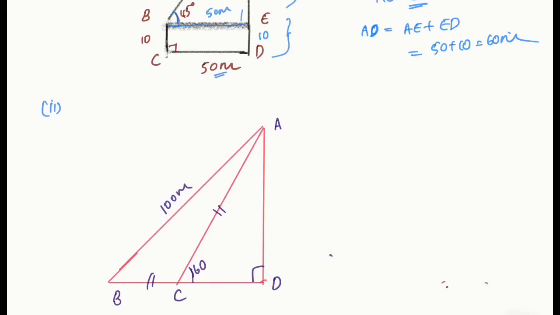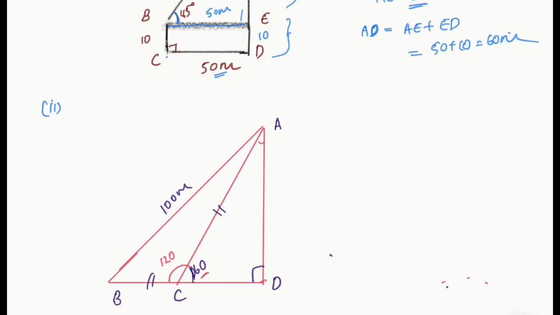What we can do here is, AB is 100 meter, and here you have 60 degree given to you. So using the 60, this should be equal to 120 degree, because this is 60 means this is 120 degree.